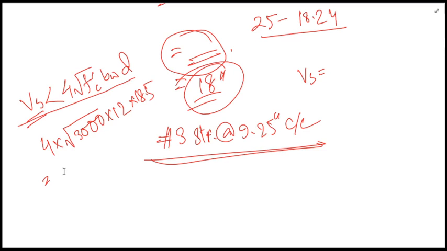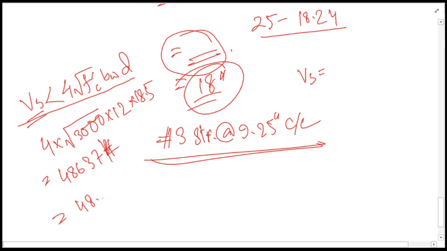So it will give you 48,637, for example, pound. So 48.64 kip we can say.